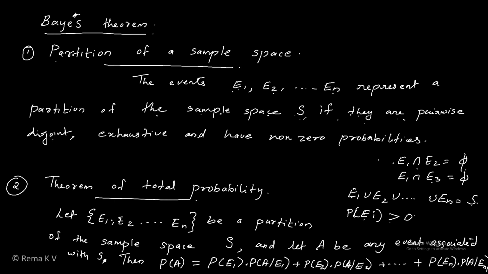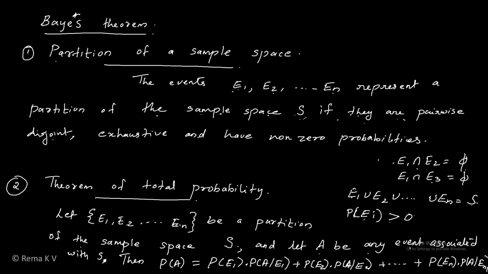See now, E1, E2, etc. En be a partition of the sample space S. Partition means you know that E1 intersection E2, E1 intersection E3, if we consider any pair from this, they are disjoint sets, then the union of all these n events gives the sample space itself, and then the probability of each of these events is greater than 0. So this forms a partition, and let A be any other event, any event other than this E1, E2, etc. En.